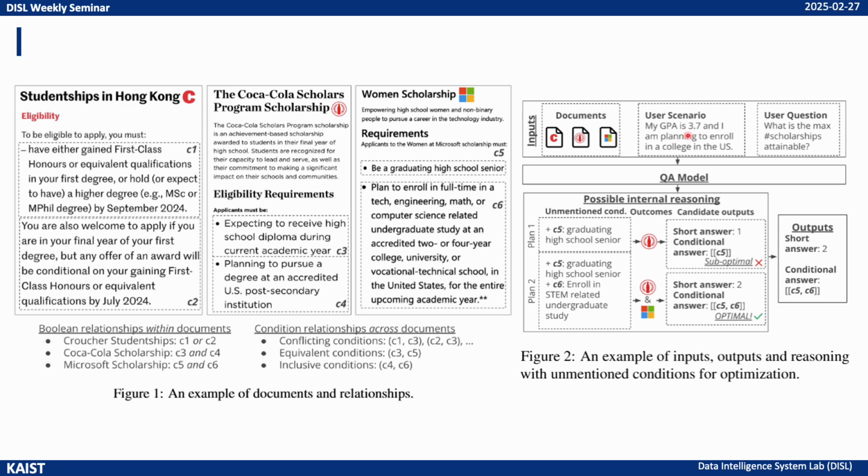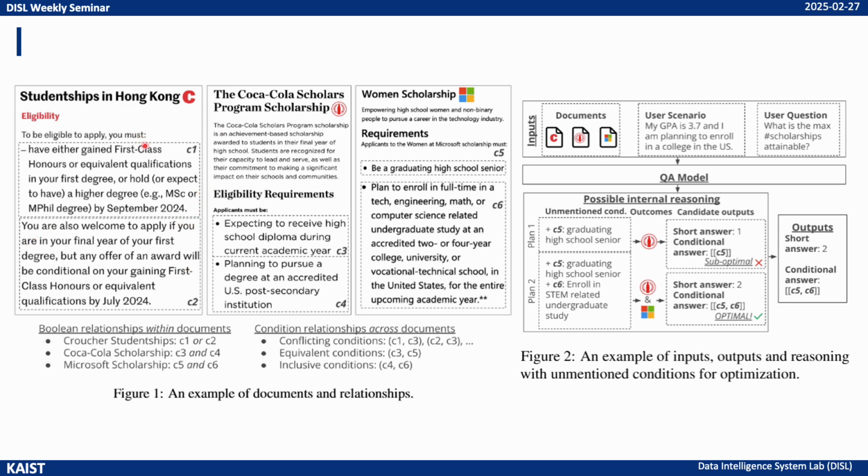And here is the detailed description of the benchmark dataset. As shown in the figure on the left, there are 3 documents about scholarship eligibility. In the first human annotation phase, the annotators have to label the conditions.